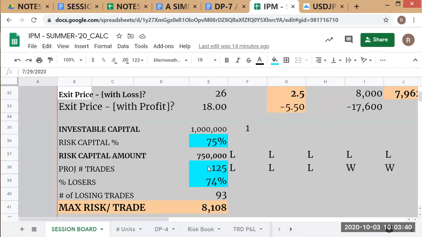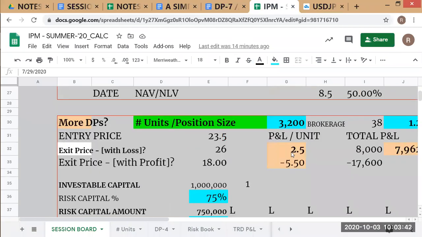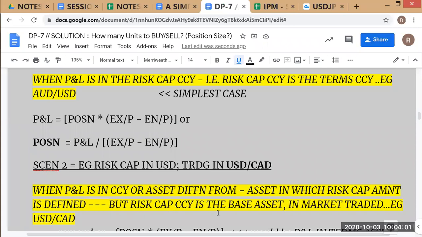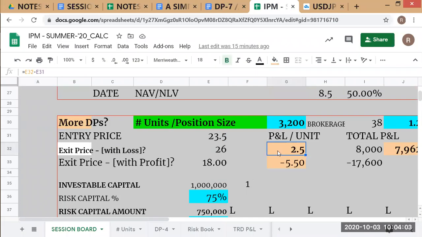The P&L per unit is this. If you are considering a long position, entering at 23.5, exiting at 26, we write the P&L as exit minus entry in all cases. As a general expression, we write exit minus entry. This exit is the exit with loss.